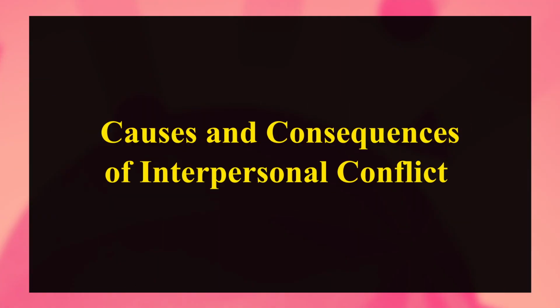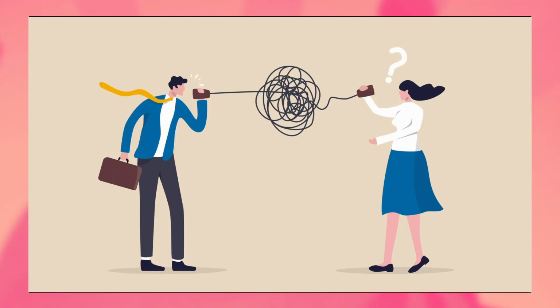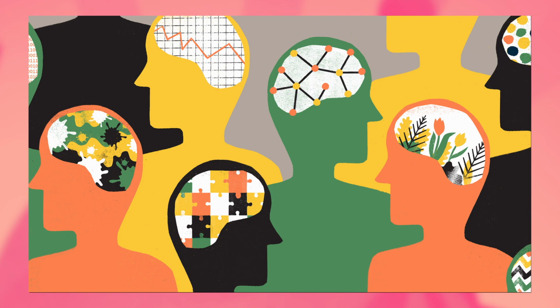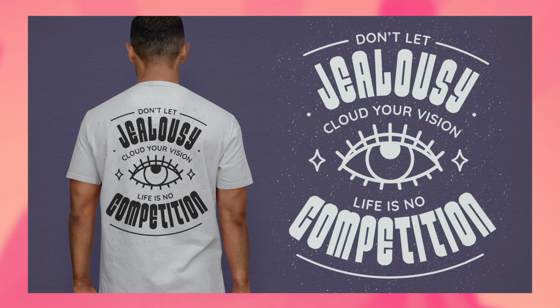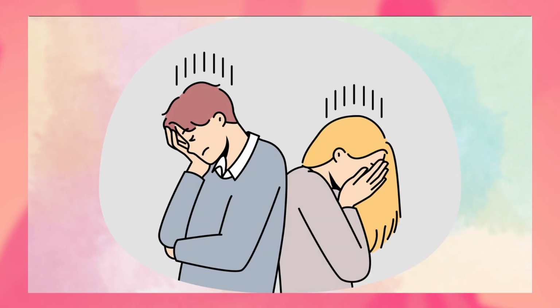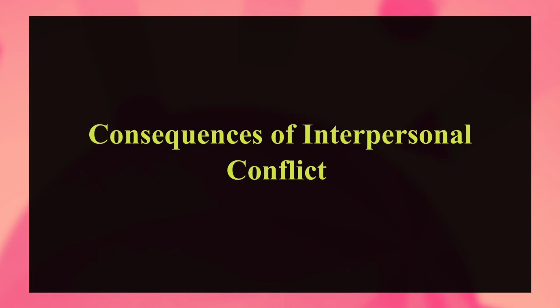Now, coming to the causes and consequences of interpersonal conflict. Some of the causes of interpersonal conflict are poor communication, personality differences, unmet needs and expectations, competition and jealousy, stress and external pressure. Now coming to the consequences of interpersonal conflict.